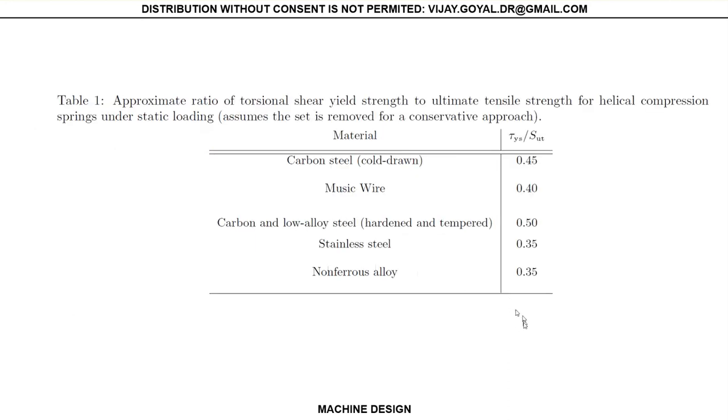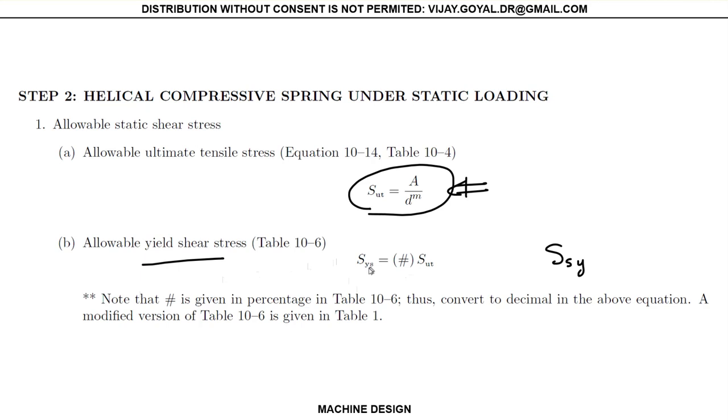So if I give you a different value, and I say it has 48%, the ratio is 48%, then you know this value will be 0.48. So that's how these values come out. Again, they come from testing. And those are the numbers that you will place in here to find this value.